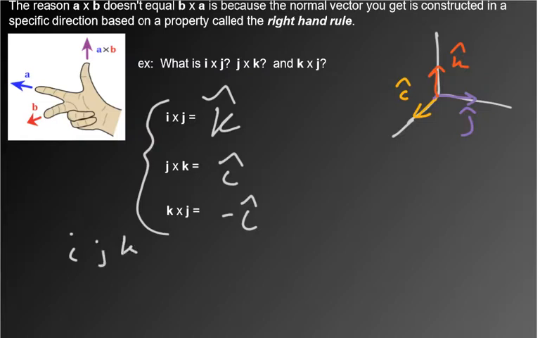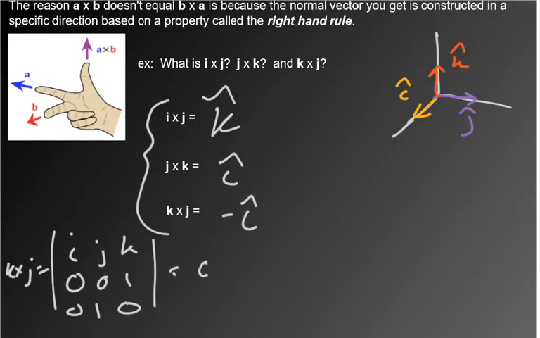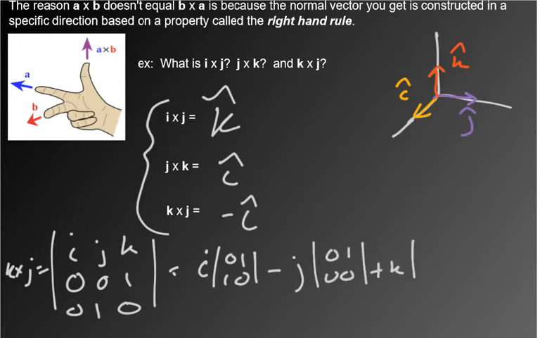i, j, k. Let's do the last one. So 0, 0, 1, 0, 1, 0. So this is going to be k cross j. If you just compute it out, you're going to get i hat times the determinant of 0, 1, 1, 0, minus j hat times the determinant of 0, 1, 0, 0, and then plus k times the determinant of 0, 0, 0, 1.